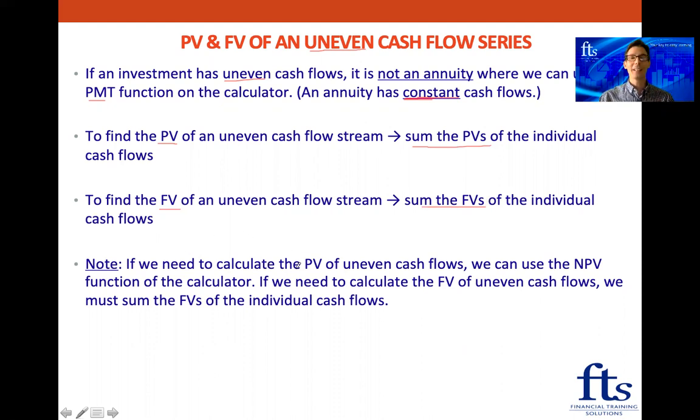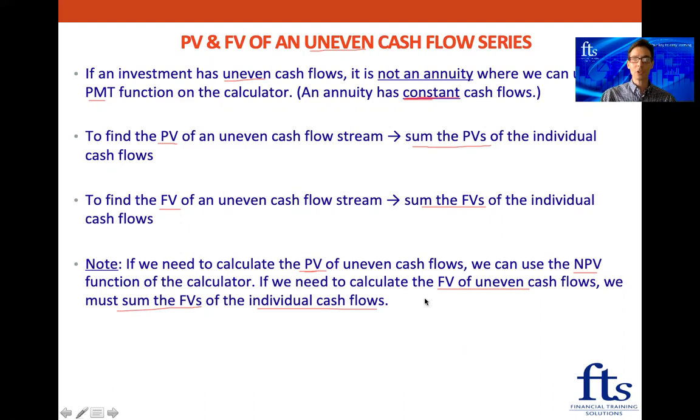If we need to calculate the present value of uneven cash flows, then we can use the net present value function of the calculator. So that's good news. I'm going to do an example in a minute, but here's the bad news. If we need to calculate the future value of uneven cash flows, then unfortunately we've got to sum the future values of all of those individual cash flows.